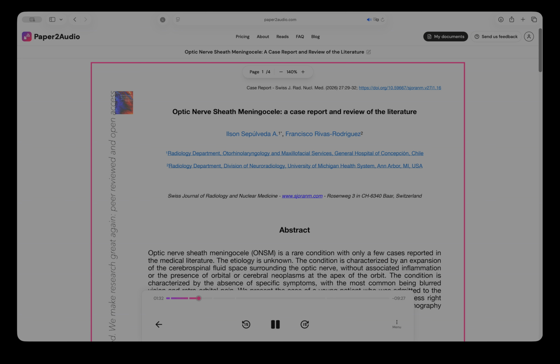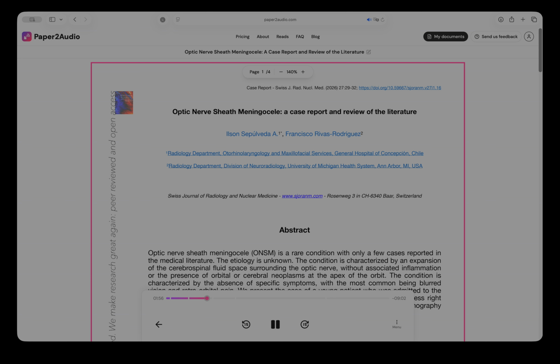One theory suggests that the difference in osmotic gradient between the cerebral and perioptic subarachnoid spaces leads to fluid accumulation. Another theory suggests that congenital narrowing of the optic or cranio-orbital junction may lead to accumulation in the perioptic subarachnoid space. There are no characteristic symptoms associated with optic nerve sheath meningocele.